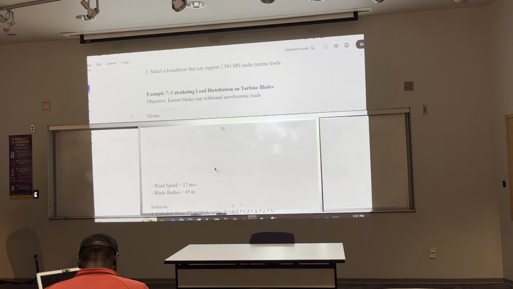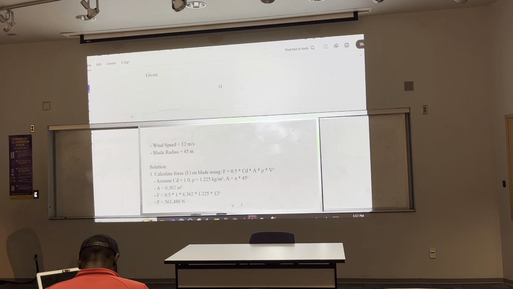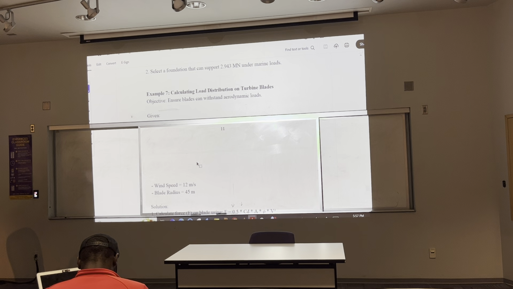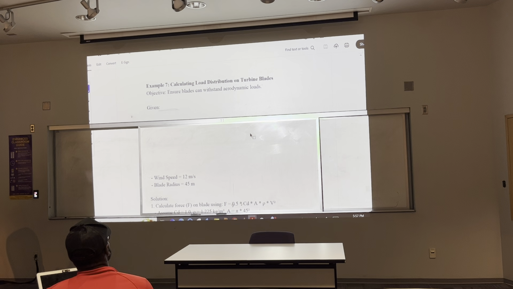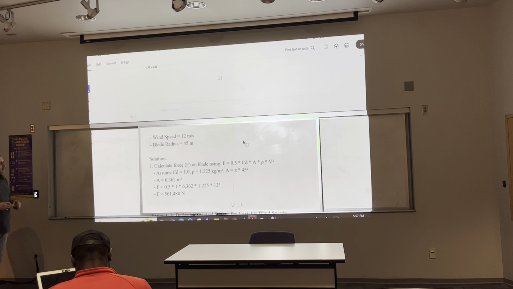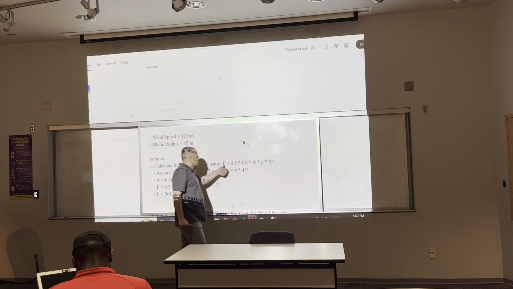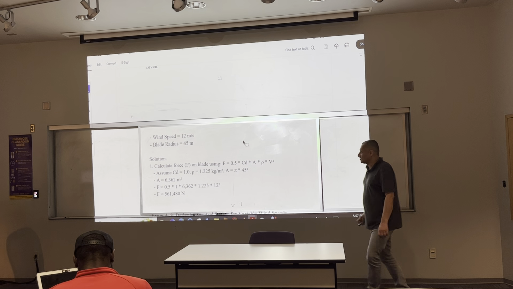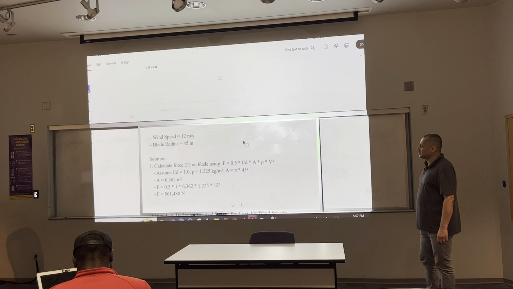Wind speed 12, blade radius 45 meter. Make sure blades can withstand aerodynamic loads; we have loads on the generator. We have the formula for the force, F equals 0.5 C_D A rho V squared.